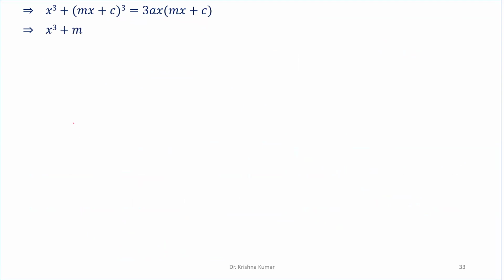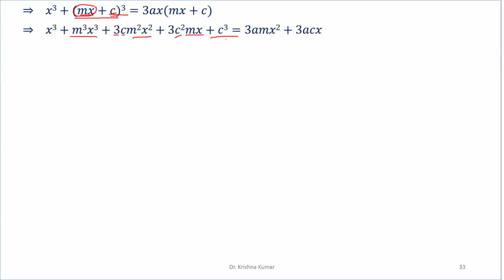What is (a plus b) whole cube? (a plus b) whole cube is a cube plus 3 a square b plus 3ab square plus b cube. So here we get m cube x cube plus 3 m square x square c plus 3mx c square plus c cube, which is equal to 3am x square plus 3acx.